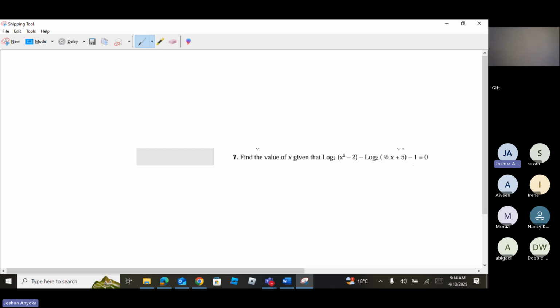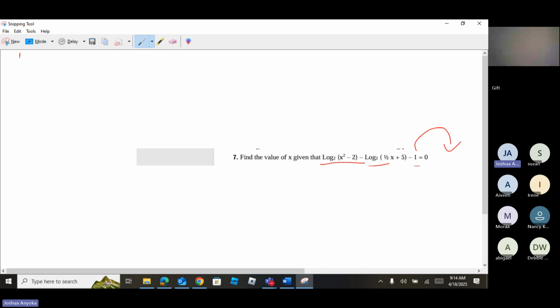Let's make an observation. The log base 2, log base 2. There is one term that doesn't have a log. So let us take this one to the other side.